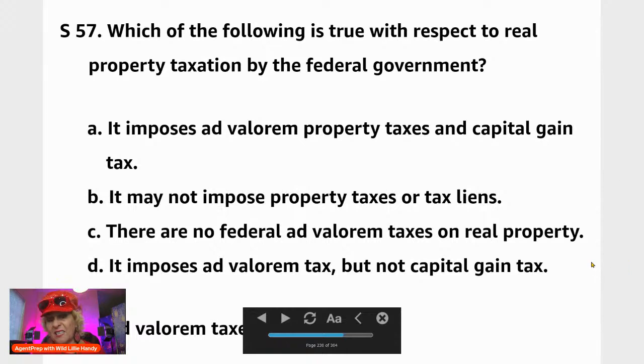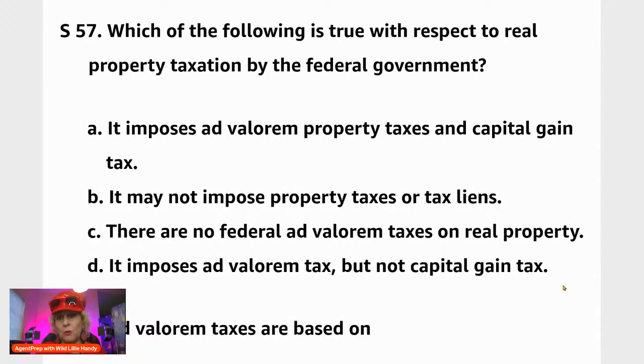Property taxes are imposed by the local government, the county, the city. Property taxes are different with every city within the county. So what would it be? B, it may not impose property taxes or tax liens. C, there are no federal ad valorem taxes on real property.